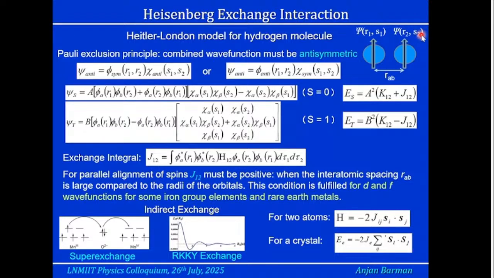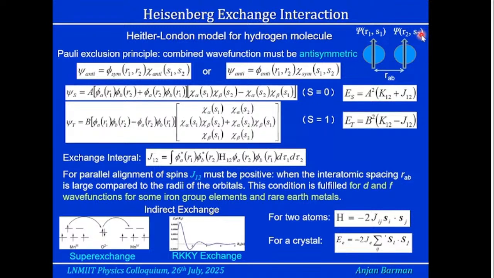Now there is a law called Pauli's exclusion principle, which says that no two indistinguishable quantum particles can occupy the same quantum state. Electrons and other fermions follow the Pauli exclusion principle.